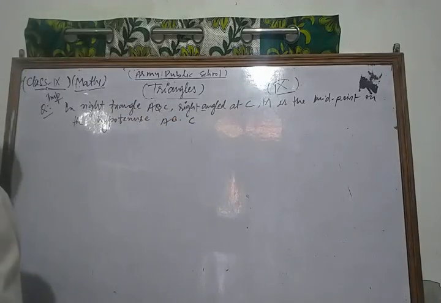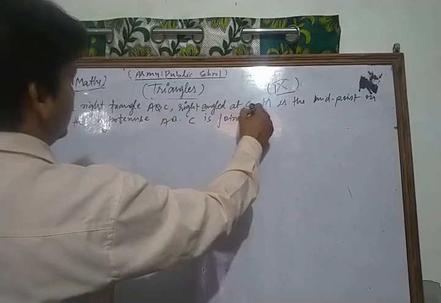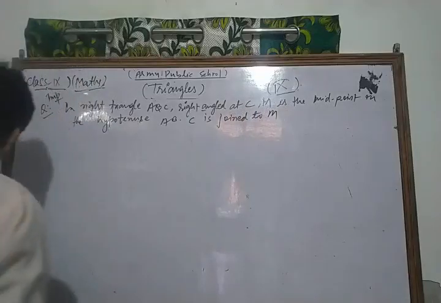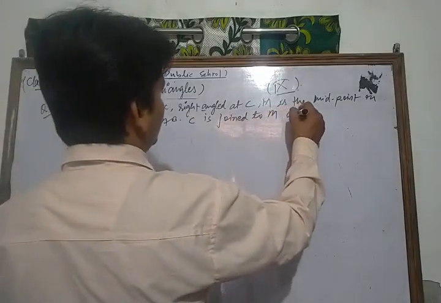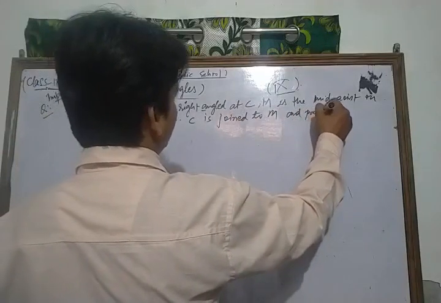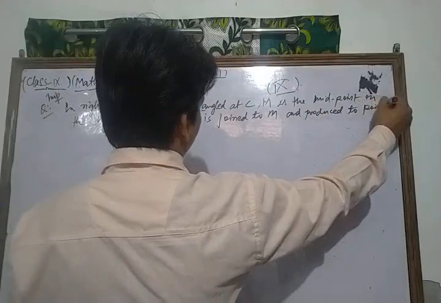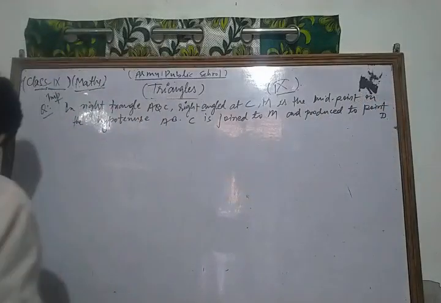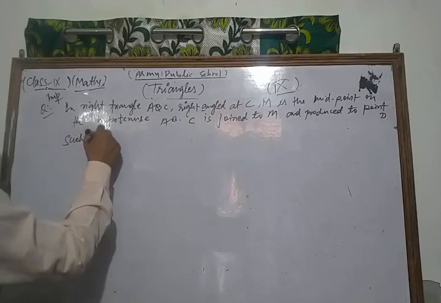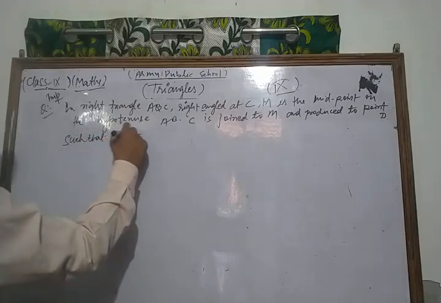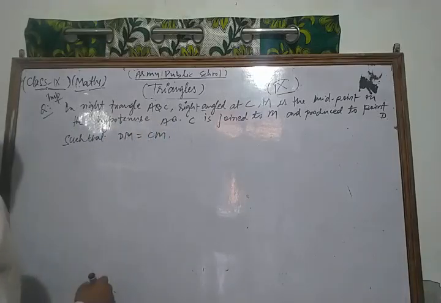C is joined to M and produced to a point D, such that DM is equal to CM.